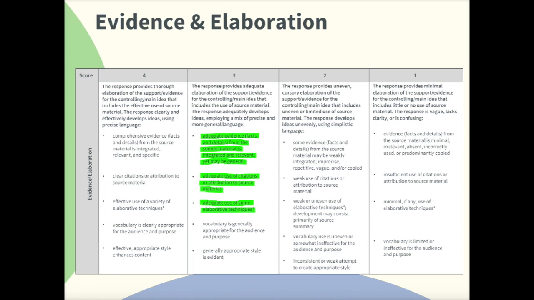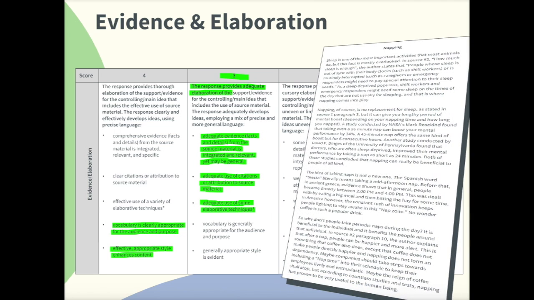So, moving back to the rubric, I've highlighted the Level 4 indicators for clearly appropriate vocabulary and effective, appropriate style for audience and purpose. Overall, the evidence we collected warrants a score of 3 for this dimension. Although the essay uses a clearly appropriate and effective vocabulary and style, as well as precise language, the elaboration is adequate rather than thorough, and use of source material is adequate rather than effective.